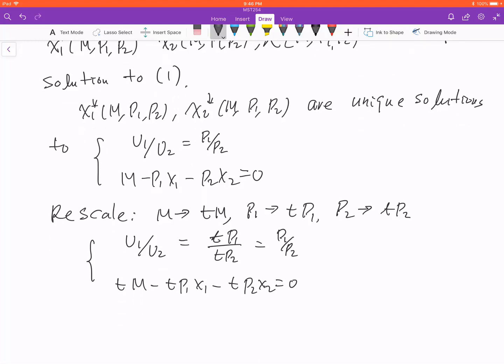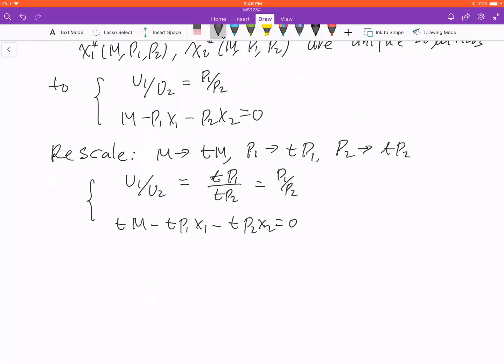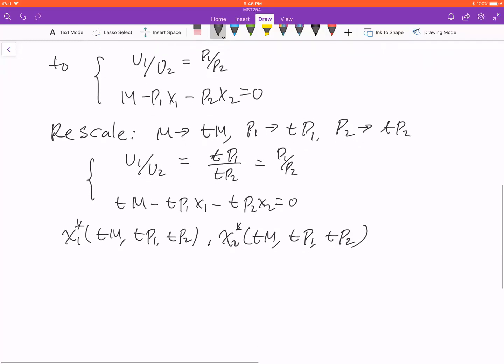So after rescale, we know the solution should be x1 star of tm, tp1, and tp2, and x2 star of tm, tp1, and tp2. So this is exactly the same reason why, like the demand functions, they are homogeneous of degree 0.